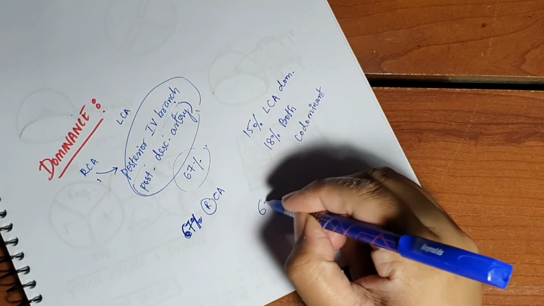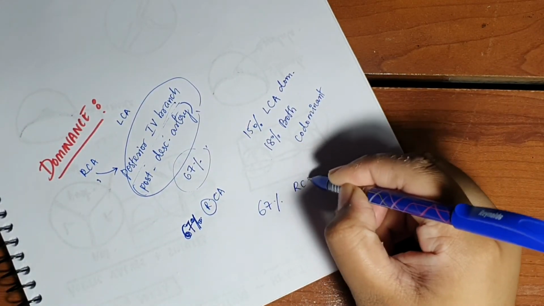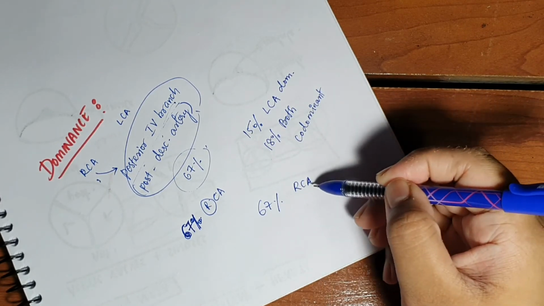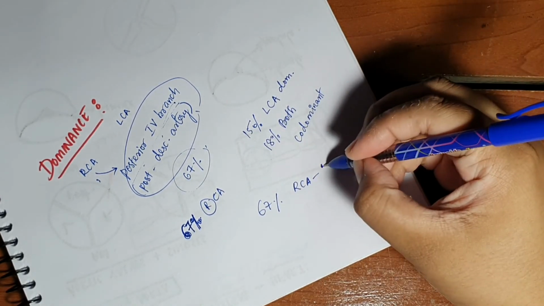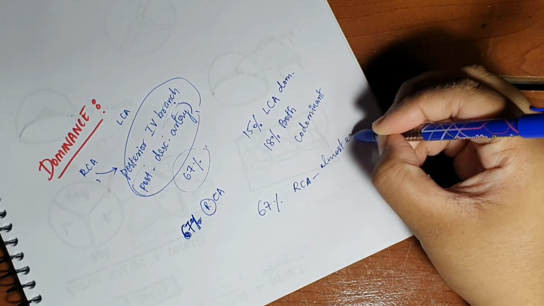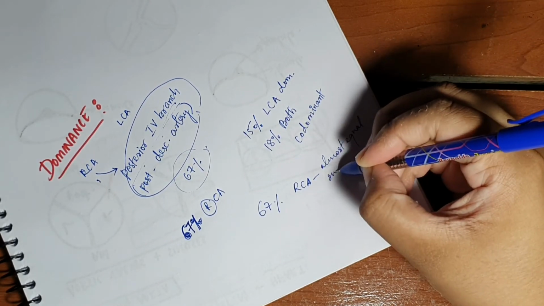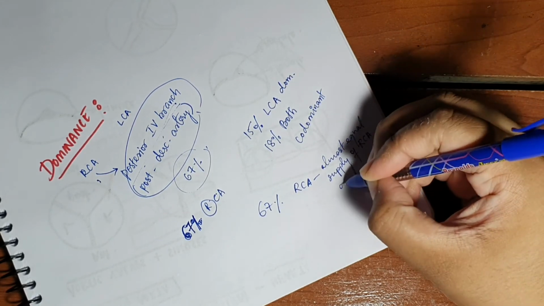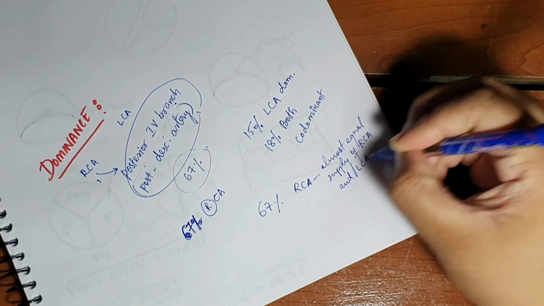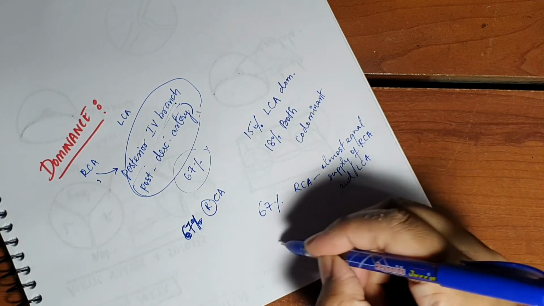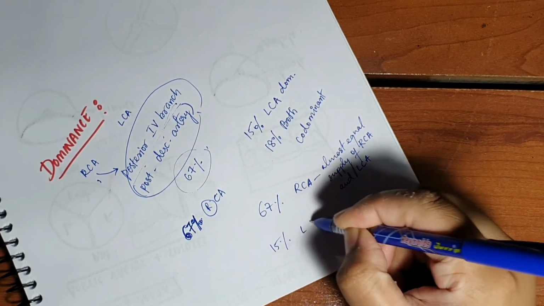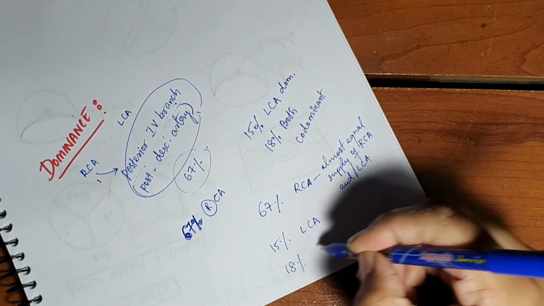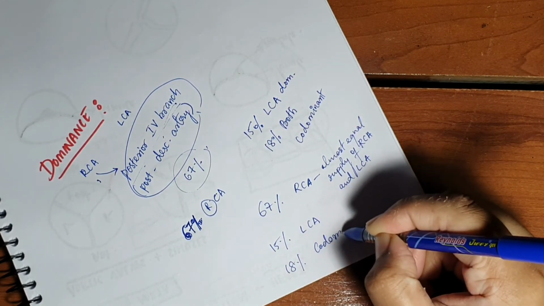So, in 67%, the right coronary artery is dominant. It means there's almost an equal supply of both right coronary artery and the left coronary artery. In 15% we have the left coronary artery dominance, and in 18% these arteries are codominant.